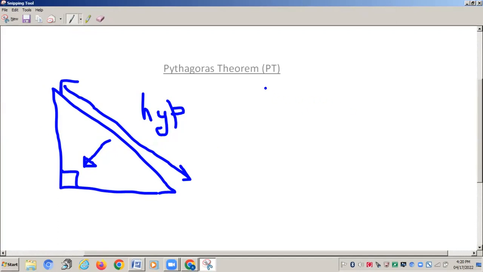So if I have something like this, by the way, if this is the hypotenuse, let's call these sides A and B. So those sides will be the two what? The short sides. So let me draw another right angle triangle.